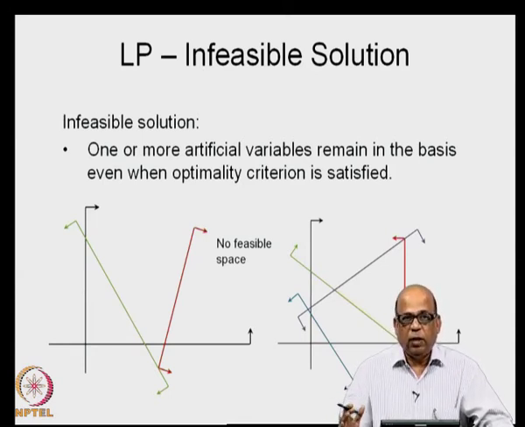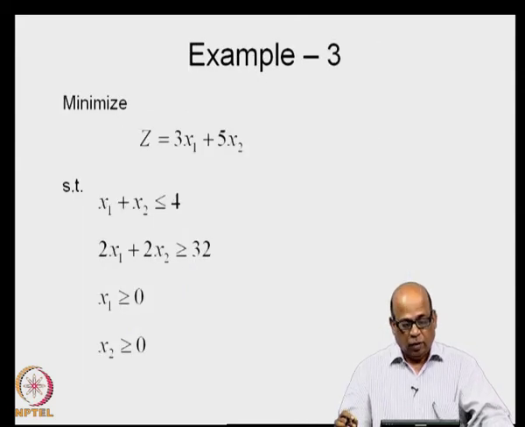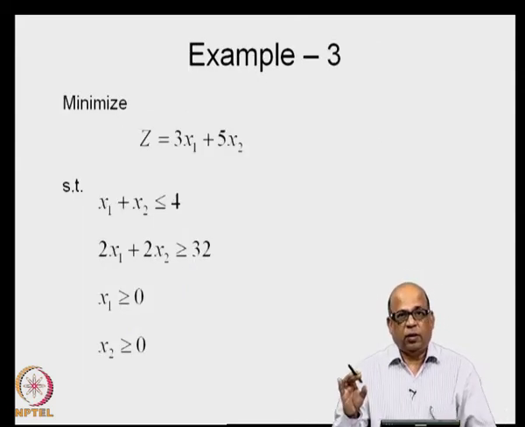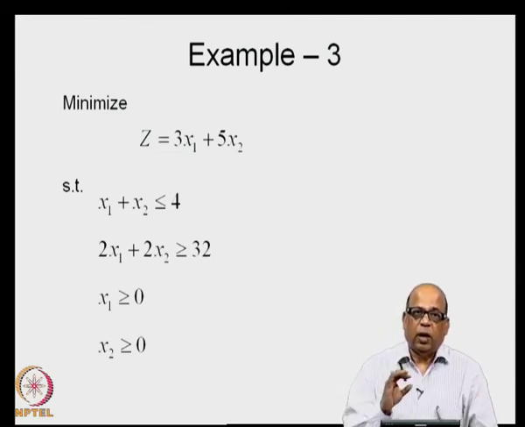If the problem is infeasible, then when you reach the optimality criteria, that is, the coefficients in the z row associated with each of the variables are all non-negative, there is no negative coefficient there.